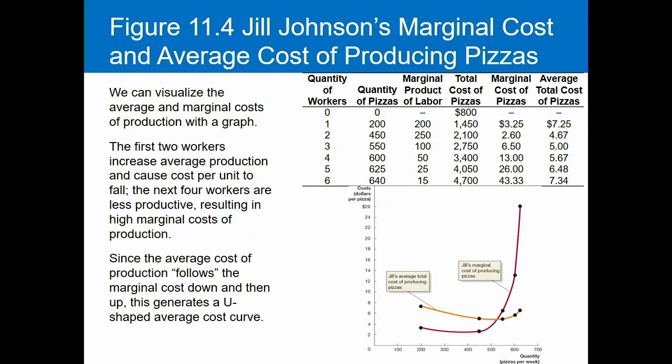Here's our marginal cost curve. This axis is the quantity, or the number of units, and this is the cost. Your average total cost curve is U-shaped. Where the marginal cost curve crosses it is its lowest point. Again, that's going to be important in the next couple chapters when we work through what firms are actually doing, how they're making those production decisions.